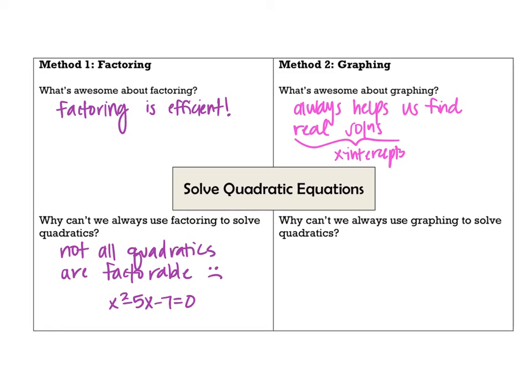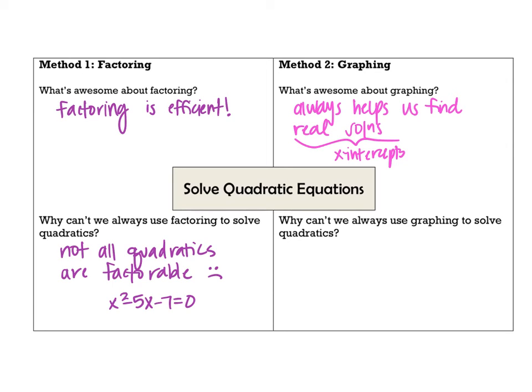But the question is, why can't we always use graphing to solve quadratics? Because above we just said we could. The answer is because with graphing, not all of my answers are exact. And eventually, by the time we get to method 4, we'll be able to get an exact answer.